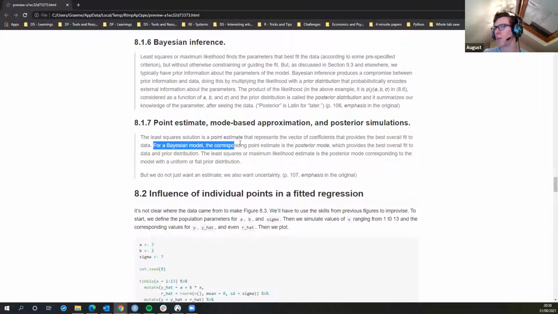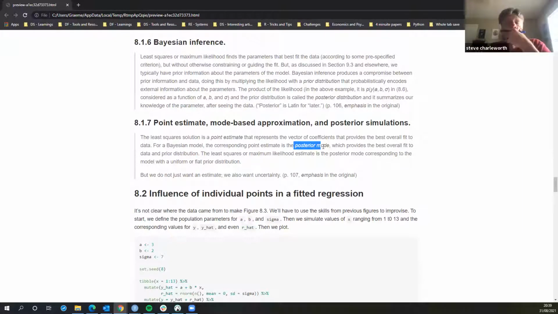For a Bayesian model, the corresponding point estimate is the posterior mode. Sorry, I just need to highlight that because I did not think that was that important. Posterior mode, which provides the best overall fit to the data and the prior distribution.